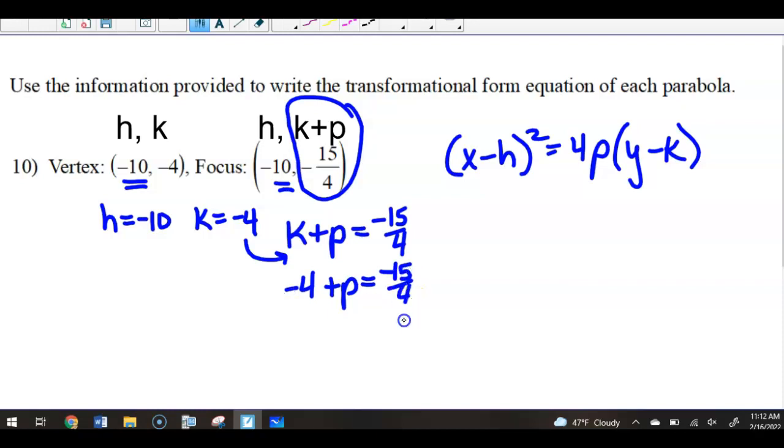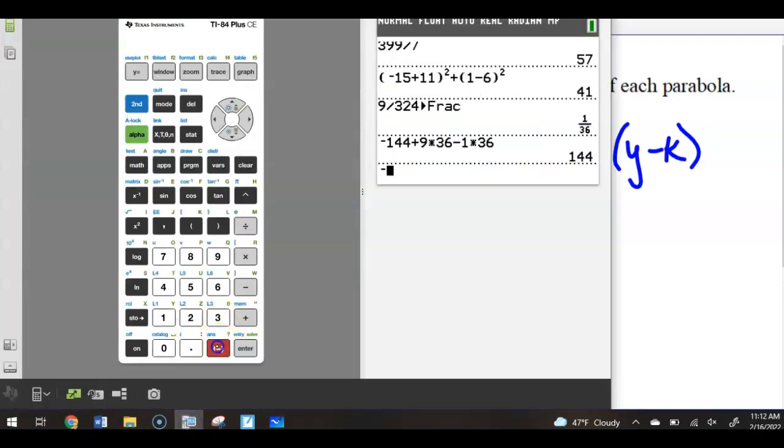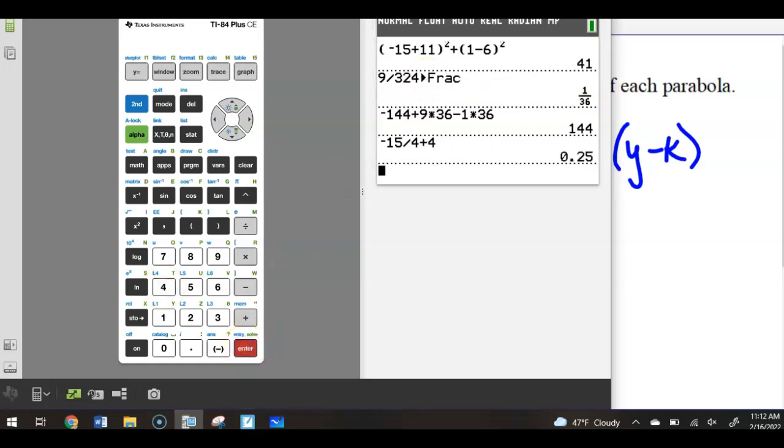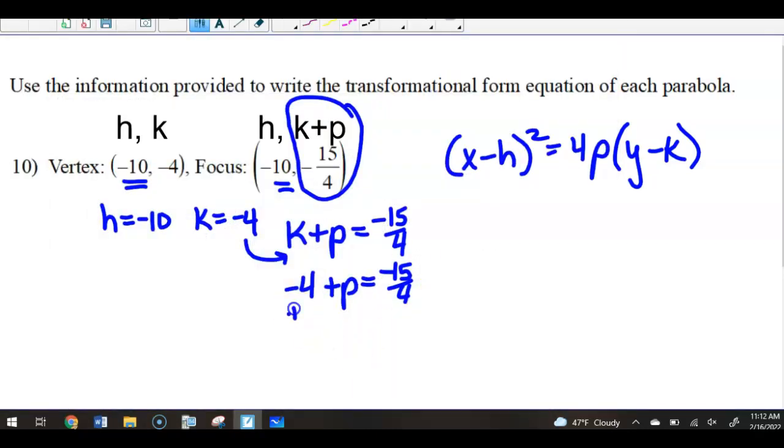If you type -15 divided by 4, and then, oh, I can't type. Then we were supposed to add 4 over there, I think. I got 1/4. Add 4, add 4. We get p is 1/4 or 0.25.